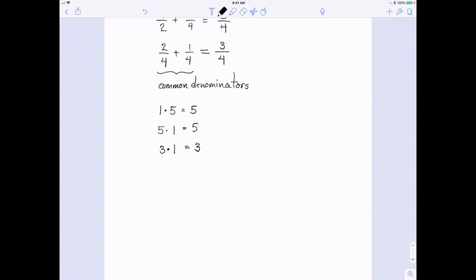Notice that multiplying by 1 does not change the other number.